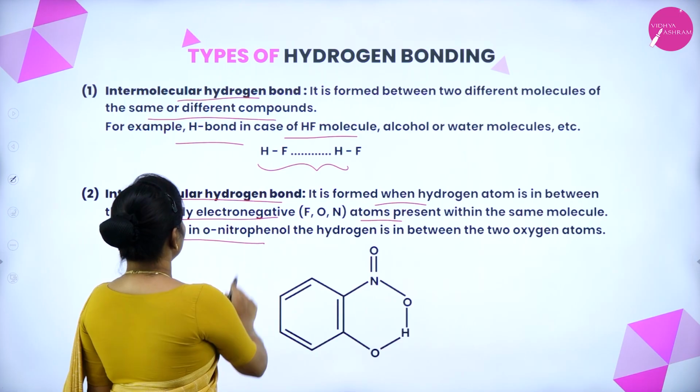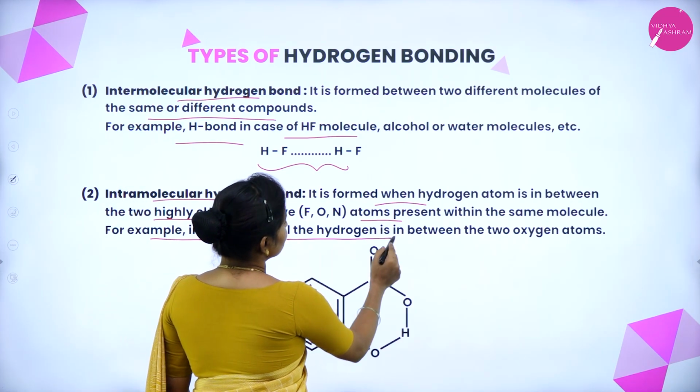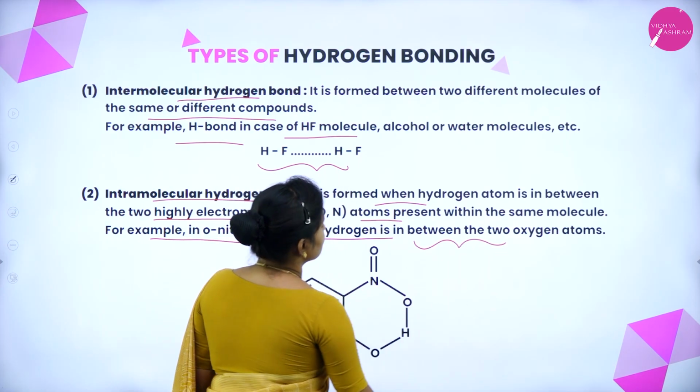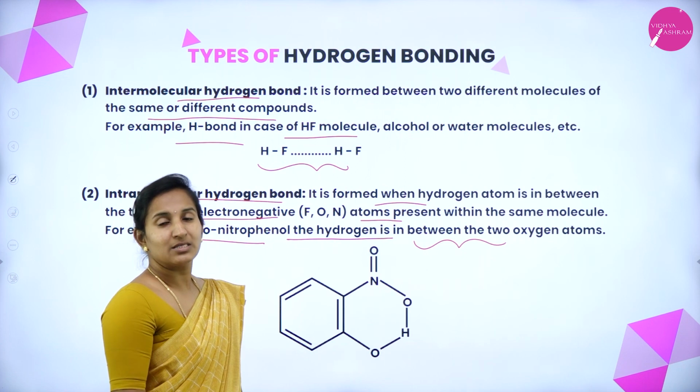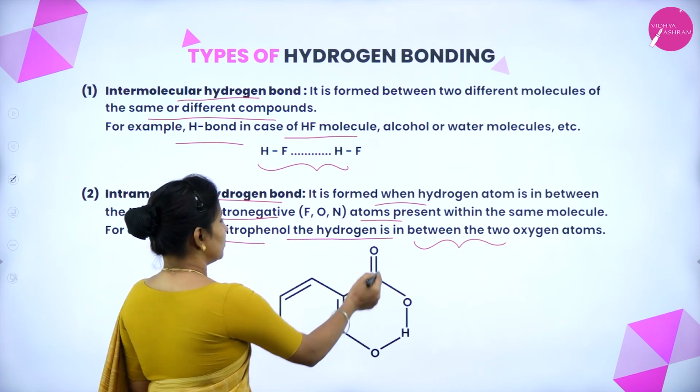For example, in orthonitrophenol, the hydrogen bond is between the two oxygen atoms. So, it is considered intramolecular hydrogen bonding.